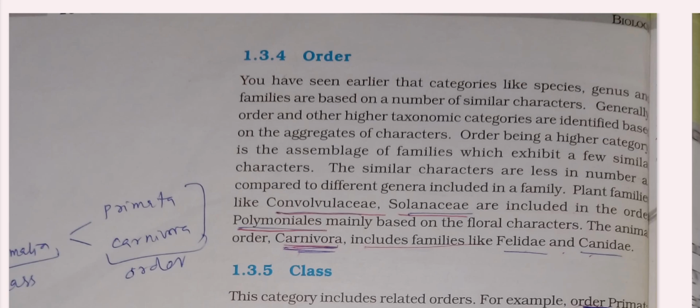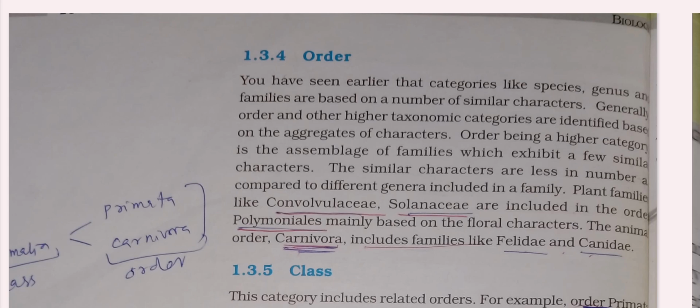We have seen earlier that categories like species, genus and family are based on similar characters. Generally, order and other higher taxonomic categories are identified based on the aggregate of characters. Order is a higher category, an assemblage of families which exhibit a few similar characters.